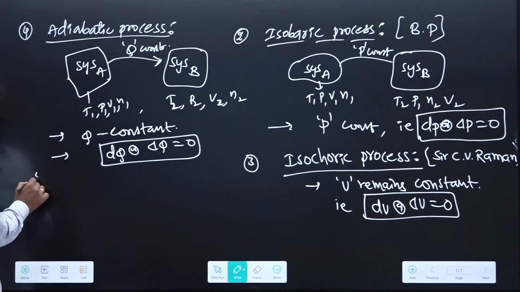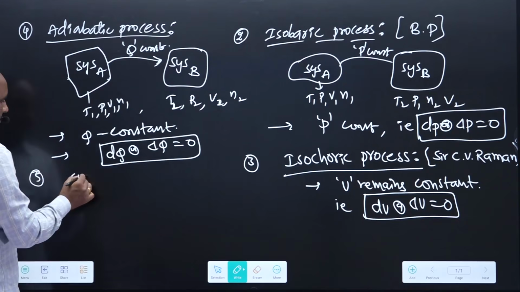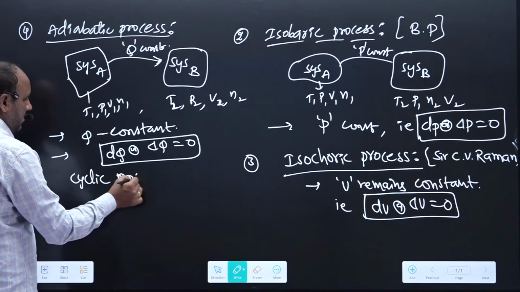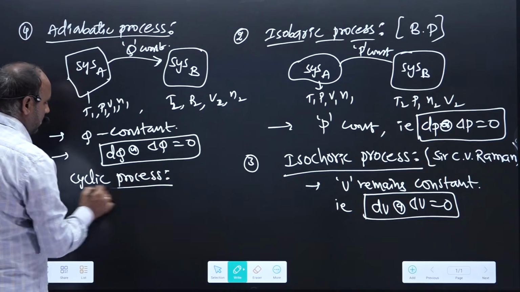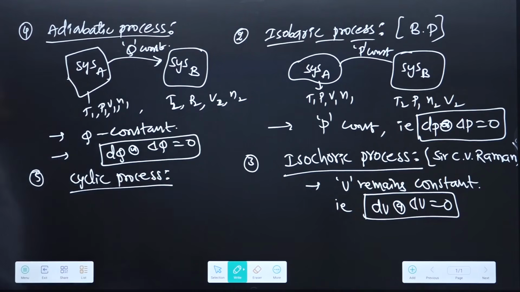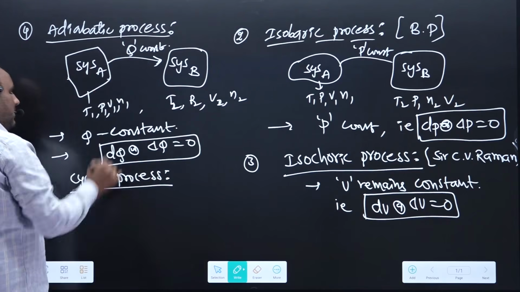Then the fifth one is the cyclic process. Here so many systems are there.